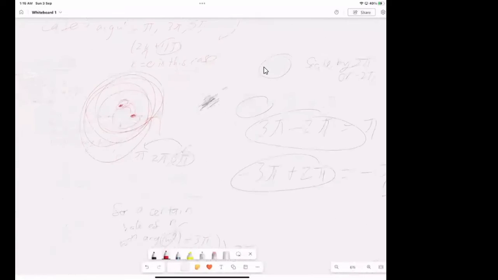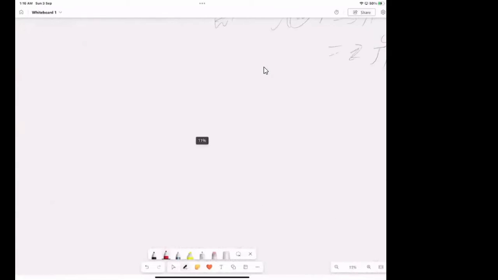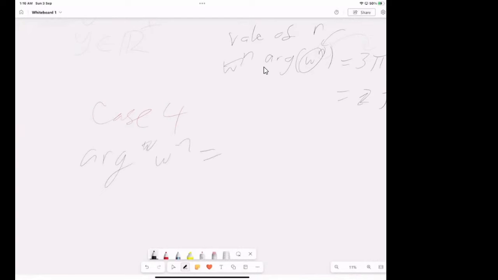So the last one, case 4, is purely imaginary. So let's say the argument of w power n equals pi over 2, 3 pi over 2, 5 pi over 2, which is actually k over 2 pi.